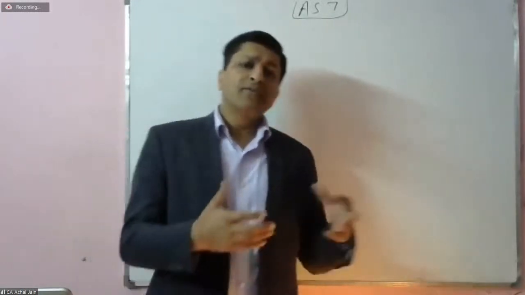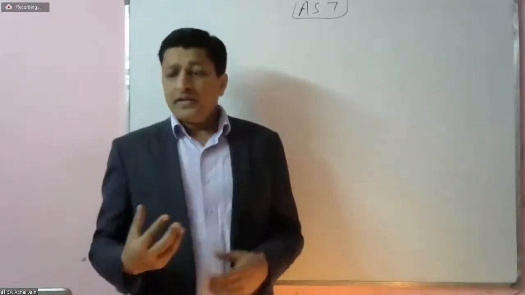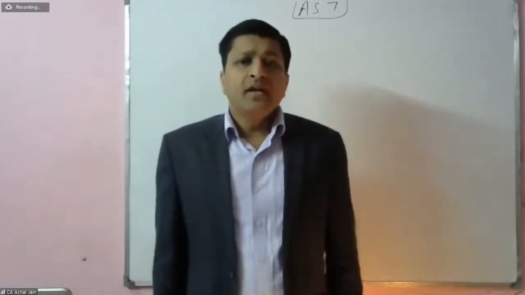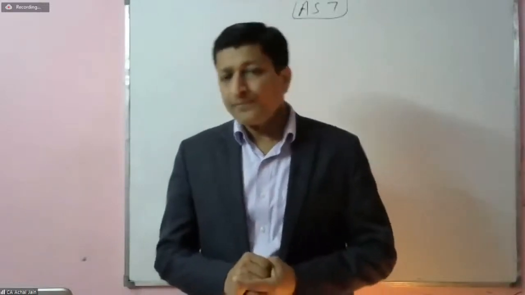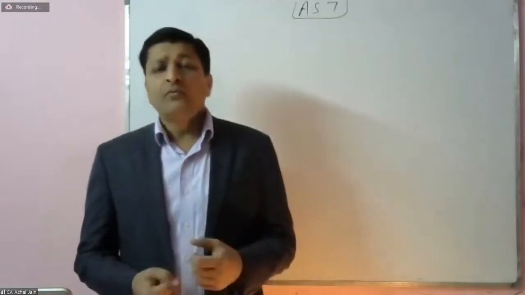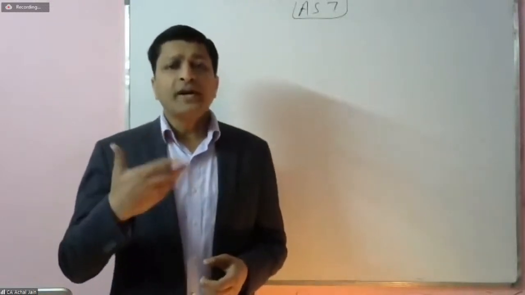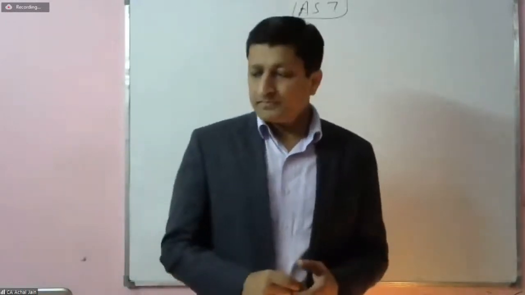So far, all of our discussion was towards the recognition. Now let's understand some of the points around the measurement. Means what will be the amount of contract revenue? What will be the amount of contract costs for the purposes of AS 7?